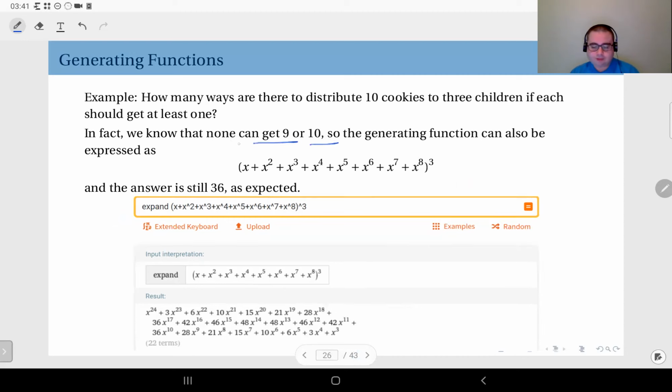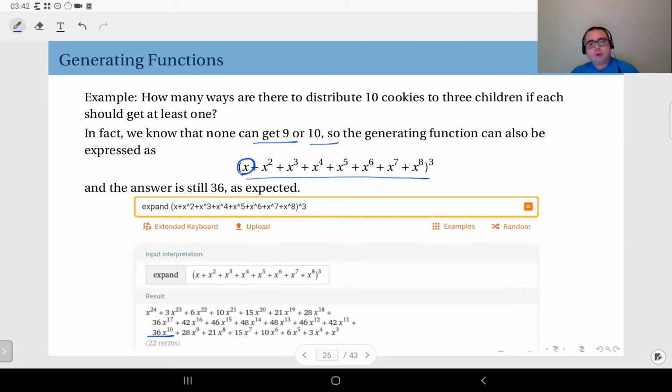So the generating function can also be expressed in this way. But this leads to the exact same result because the coefficient of x to the power 10 is 36, which is not surprising because in the combination of 10, if you disallow zeros, even if you have x from one and x from the other, you cannot get x to 10 from the third one. Okay, so it's unnecessary to use x to the power 10 in this case.